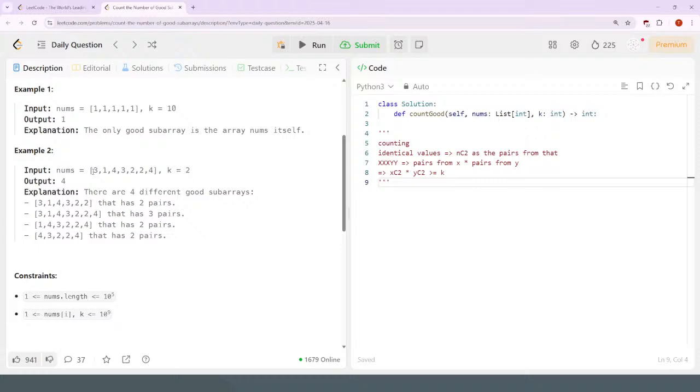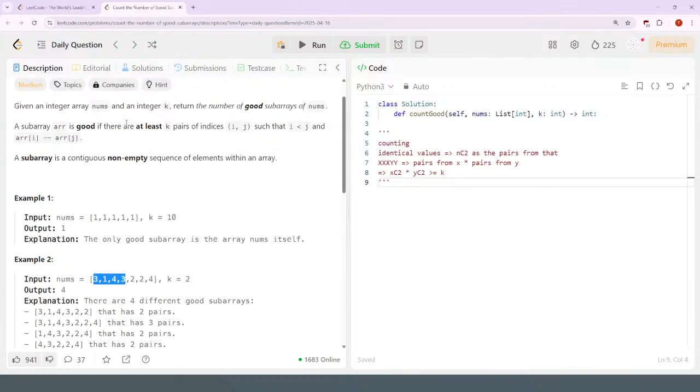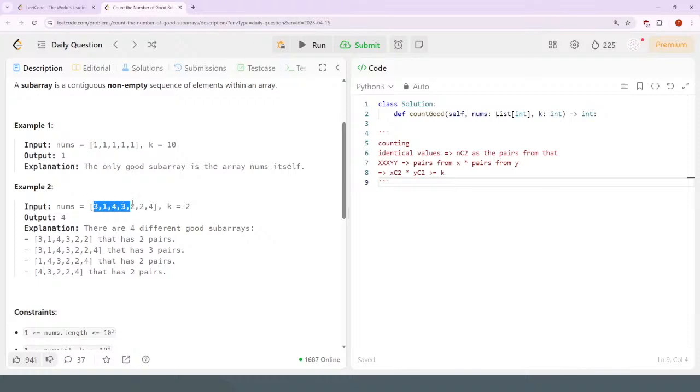It's a minimal sliding window, I guess. So the minimum, so you look at the window where it's at the very minimum of what you need to hit the k, and then you would say that anything outside of that window that extends either to the left or right works as well.